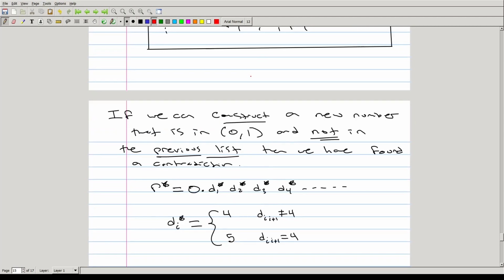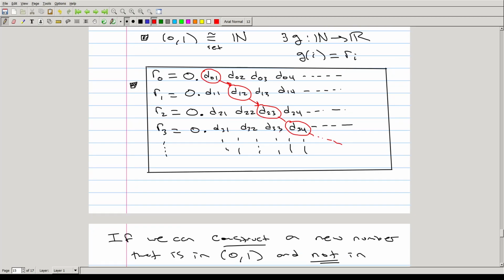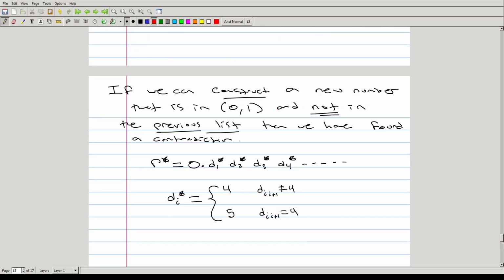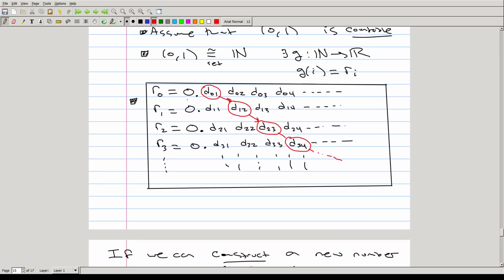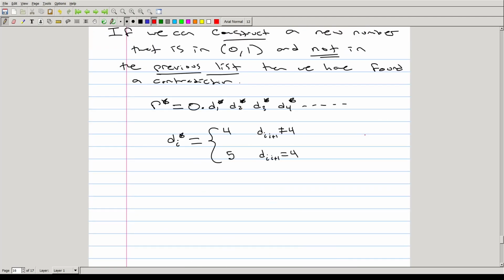We're constructing a new number that cannot be contained in this list because it differs in the i-th decimal place. This new number, R star, differs from every single number in this infinite list, and therefore we have a contradiction.